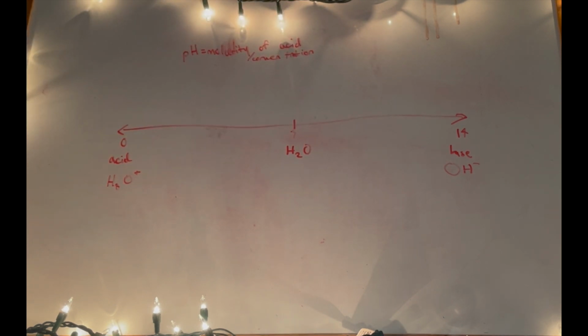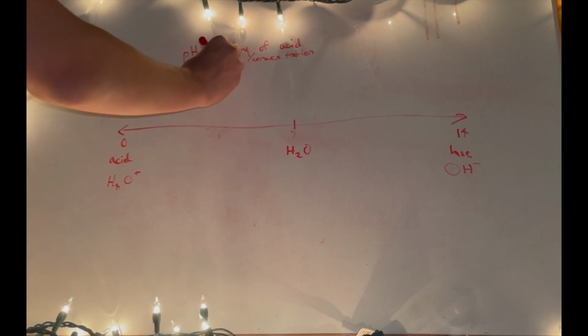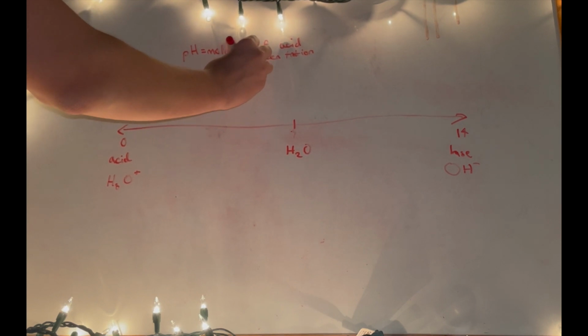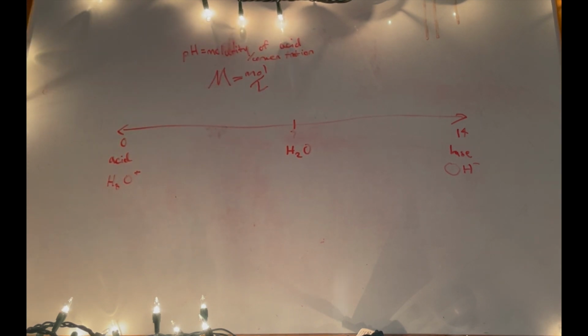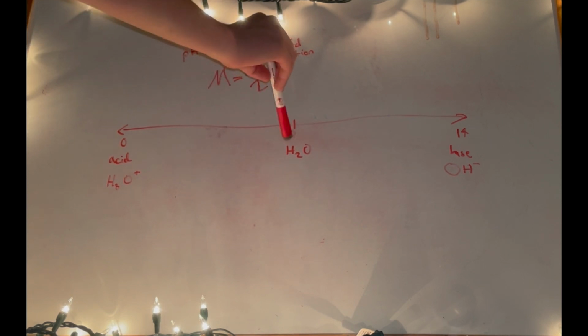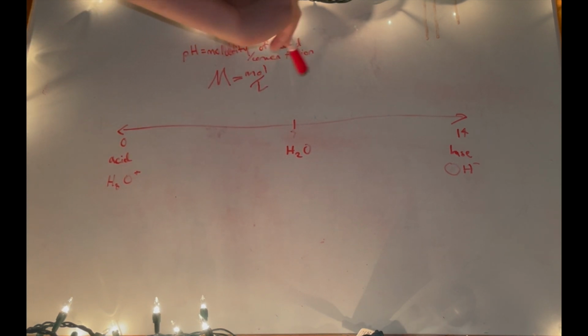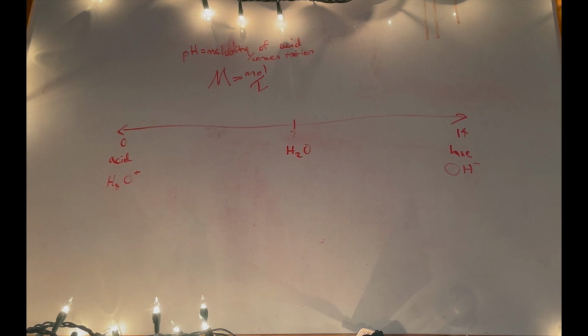So what is pH? Well, pH is basically just the molarity of the acid in the solution. Remember, molarity is just M equals moles per liter. So for example, anything with a pH of 7 is just going to be 1 times 10 to the negative 7th power molarity.